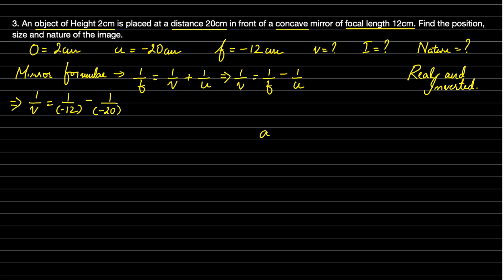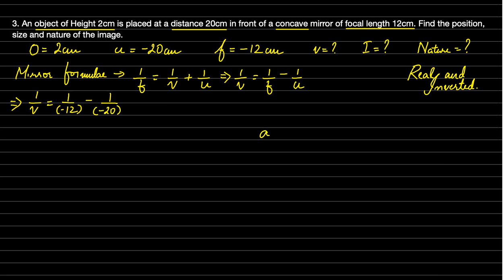So we get I is equal to minus 3 centimeter, or we can write it as 3 centimeter inverted. See, height came to be negative.